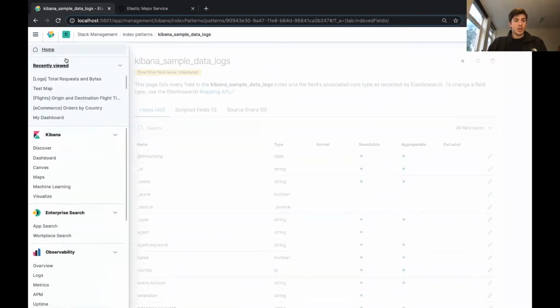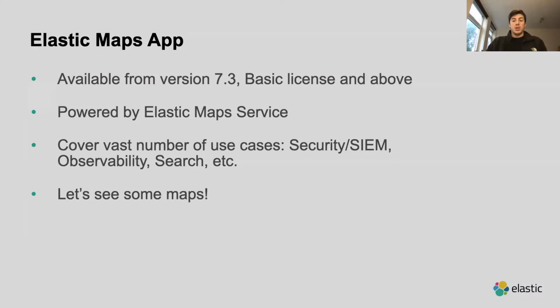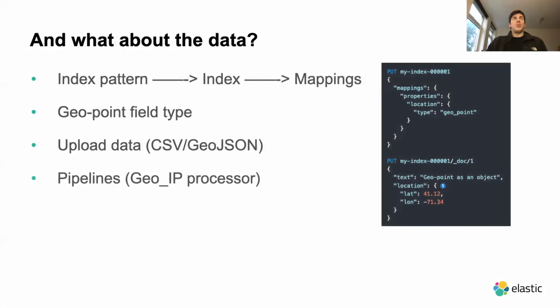So let me just quickly go back to the slides and let's discuss a bit more on what kind of data you need to have in order to use the Elastic Maps application. When we talk about data sources or data that we need in order to use Elastic Maps, we mentioned index pattern, index, and mappings.